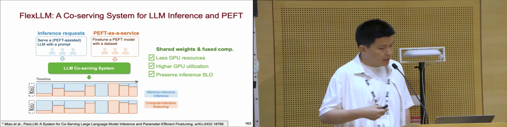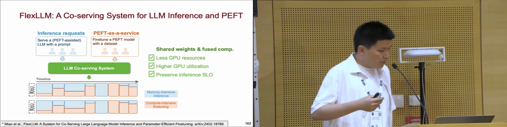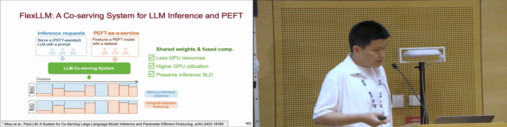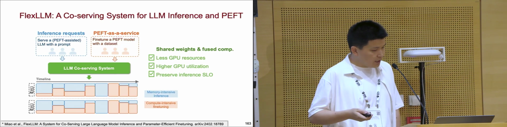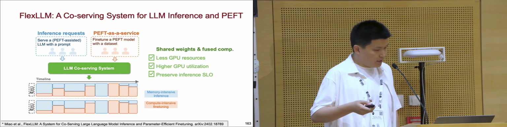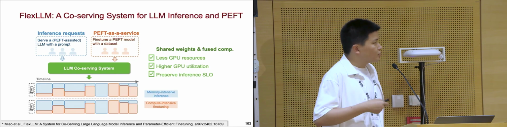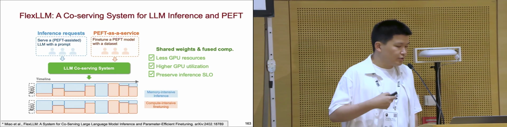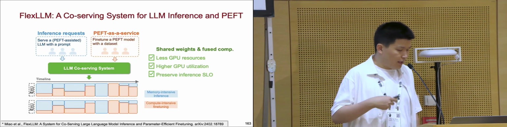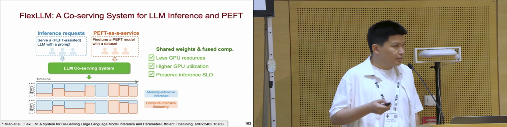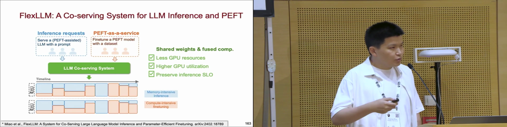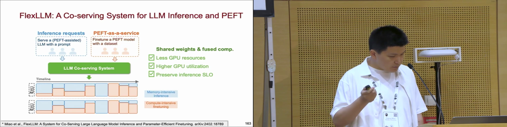And specifically for language models with parameter efficient adapters, there is also a lot of work in this direction, like LoRA and Punica, which aim to serve, for example, hundreds or even thousands of parameter efficient adapters simultaneously, while allowing them to share the same model weights.